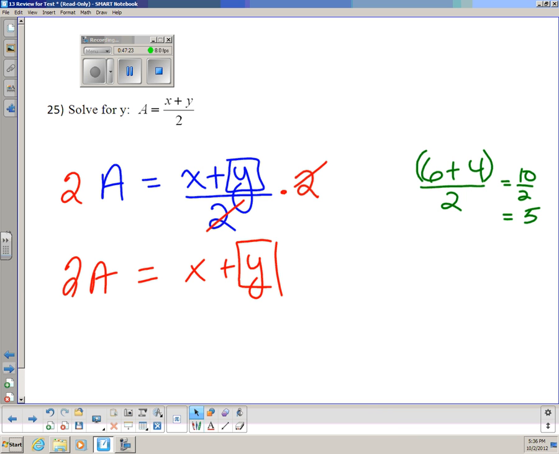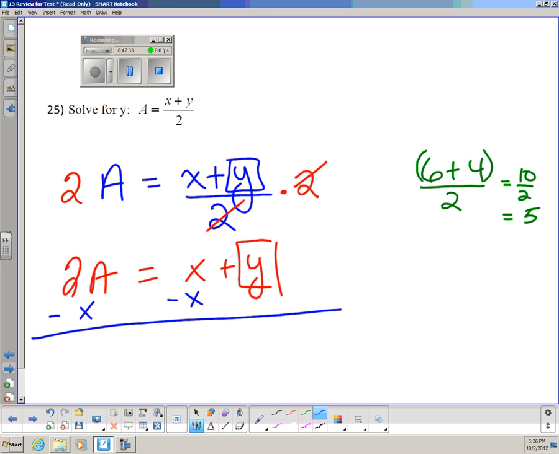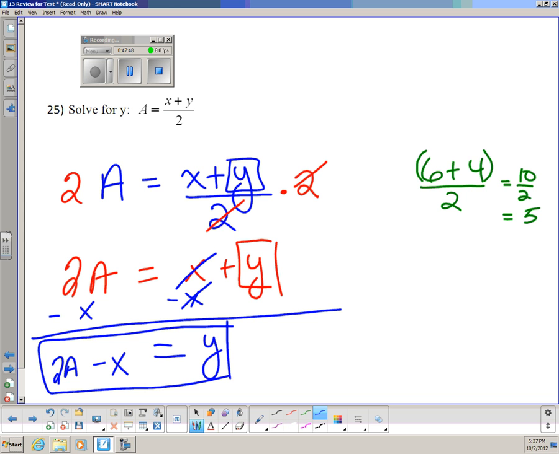It's being bothered by being added by x. So how do I undo being added by x? I do the opposite. What's the opposite of addition? Well, it's subtraction. So subtract x from both sides. These x's will become 0, and they will wipe out. And I will get y on the right equals, well, I just have 2a minus x. Done. Voila. There it is.